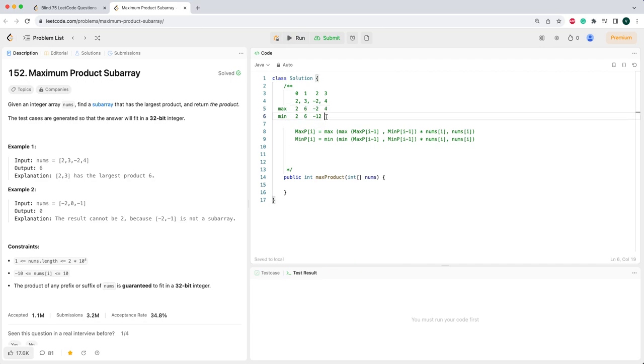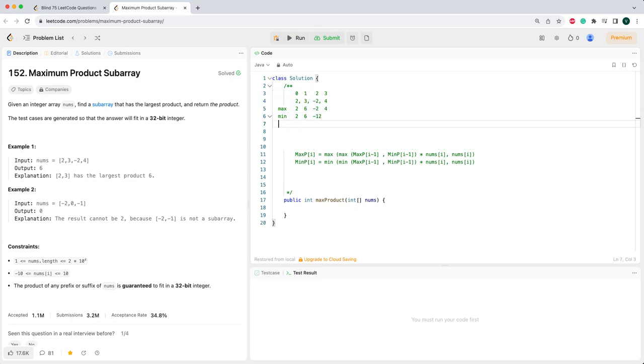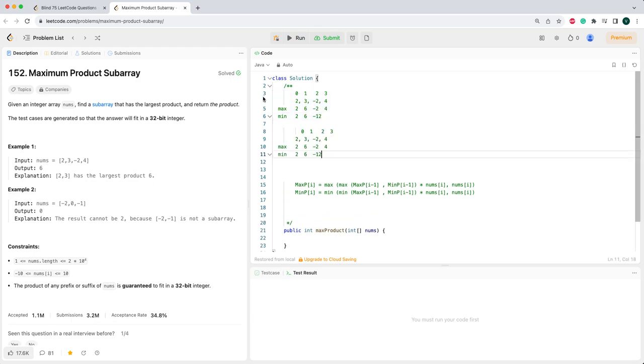Okay, let's do one variation of it actually. I'll take the same example and let me make this minus 4 actually, and let's see what happens. So this will be 2 and 2, 3 and 2, this will be 6 and 6 only.